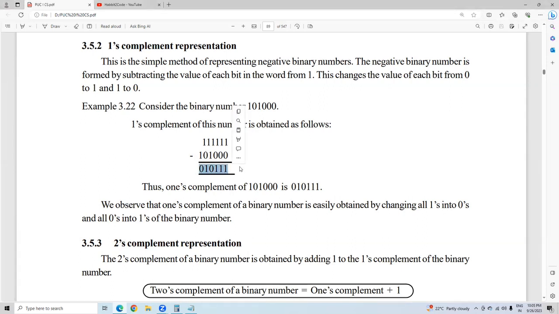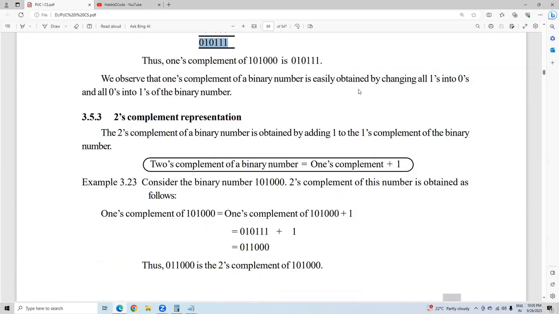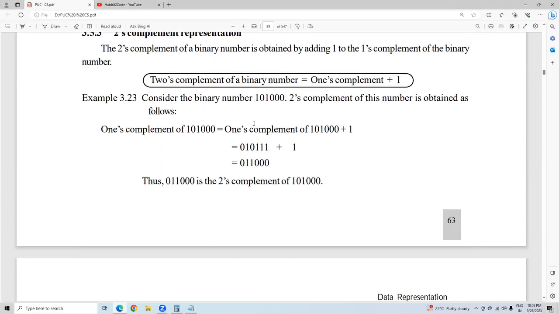That is nothing but 0 changed to 1 and 1 changed to 0. This is the ones complement representation of 101000. So we observe that the ones complement of a binary number is easily obtained by changing all ones to zeros and zeros to ones. That's why this is the simplest method.